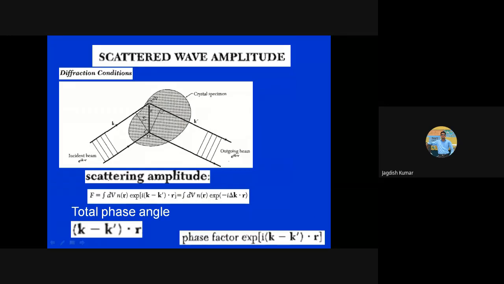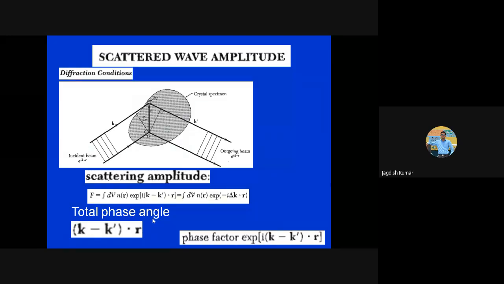then what will be the phase difference for this case? Let us first start with the simple identity that if we have a path difference of lambda, equal to the wavelength of the incident beam, then the phase difference is 2 pi, right? For a path difference of lambda, the phase difference is 2 pi.